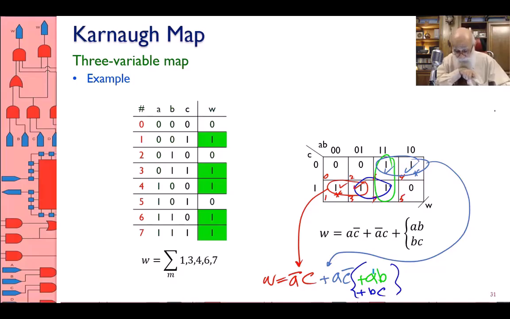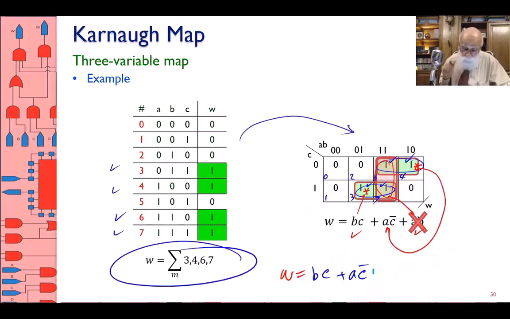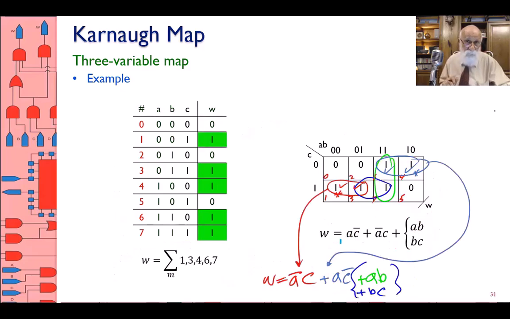This implementation is not unique, because I had to go to the situation of selecting prime implicants. This one is unique because by choosing these essential prime implicants, you are done. You don't have to go any further. This one, you had a choice of taking the blue or the green, and therefore this is not unique.